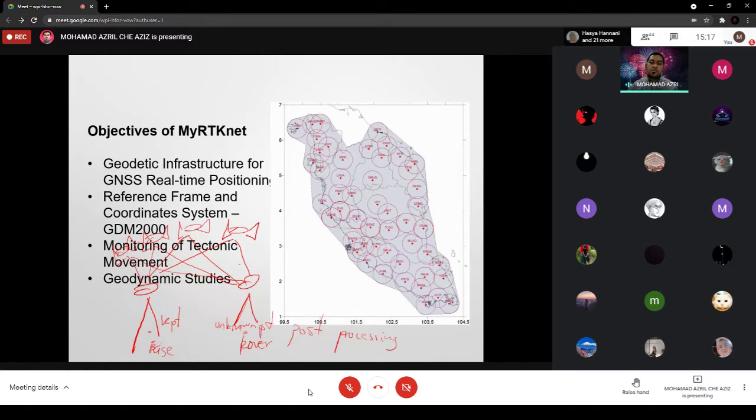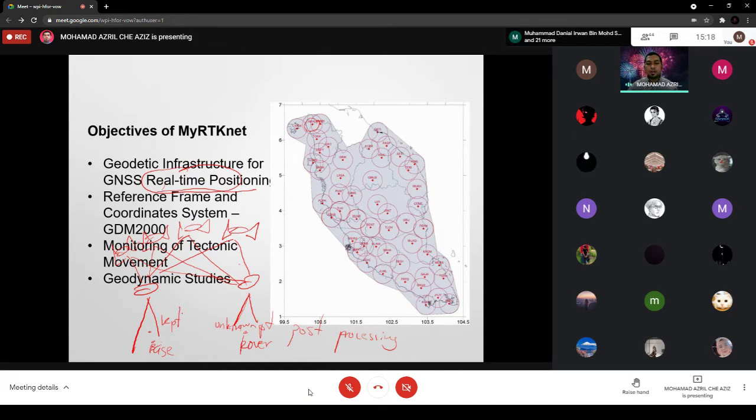But now we talk about real time positioning. This means when you conduct the GPS equipment and tie with the control point, for example at Arau, then you can get the coordinate directly. That's why it is called real-time positioning.